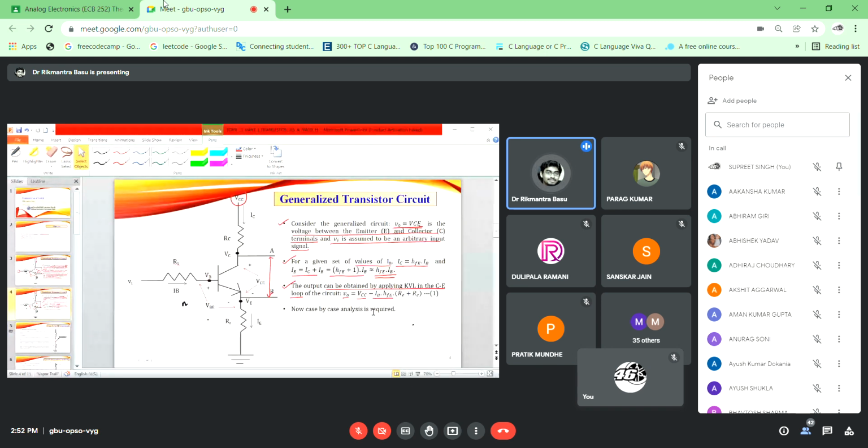So what will actually be our design purpose in that case? Remember what we estimated in the last class. First, there was the cutoff region, then there was the active region, because the active region always comes in between the cutoff and saturation region.